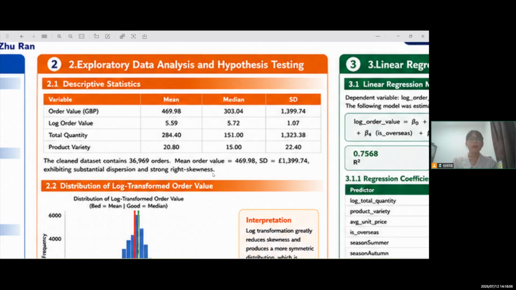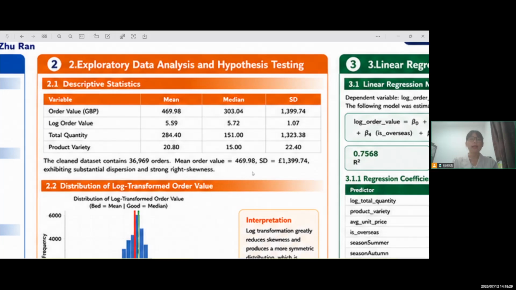The mean order value was about 470 pounds, while the standard deviation was 1,400 pounds. This indicates that customer spending varies greatly, with a small number of very large purchases increasing the average.